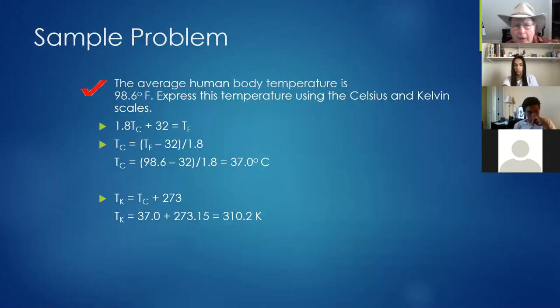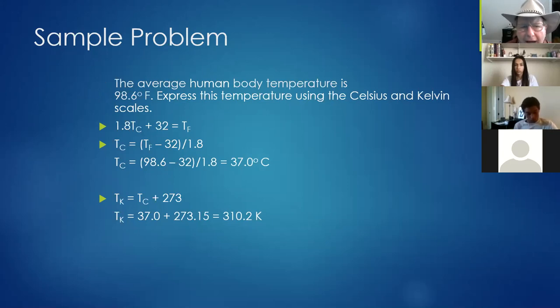Average human body temperature is 98.6. Express this in Celsius and Kelvin. My formula: 1.8 times the Celsius plus 32 is equal to the temperature in Fahrenheit. So my T Celsius is equal to my T Fahrenheit minus 32, divided by 1.8.